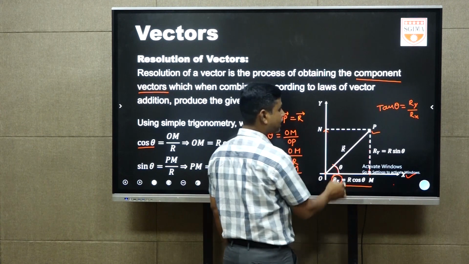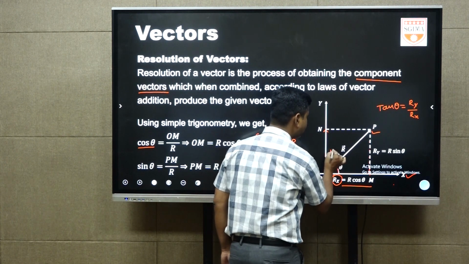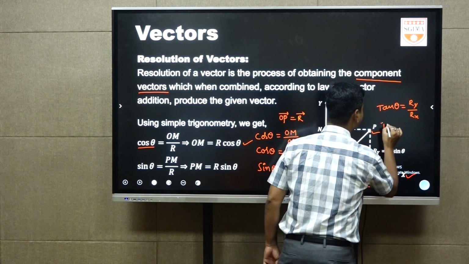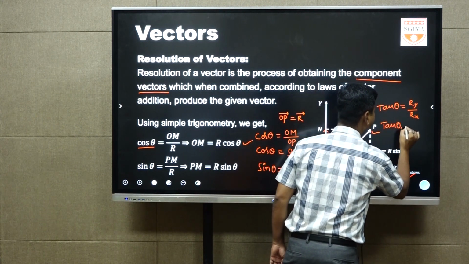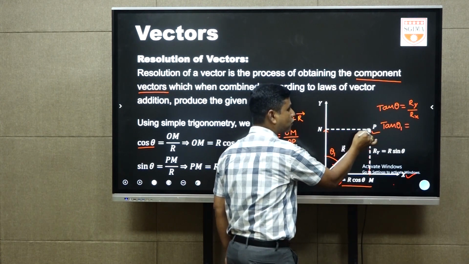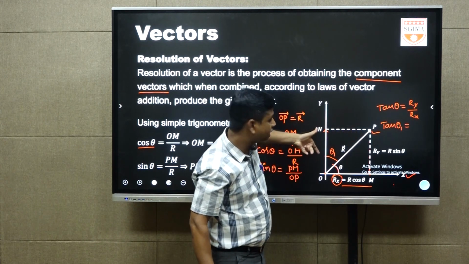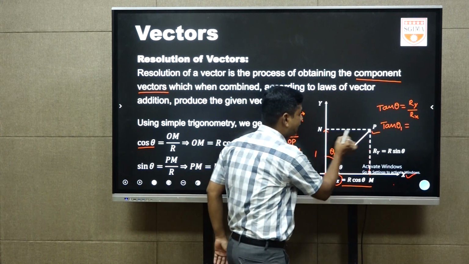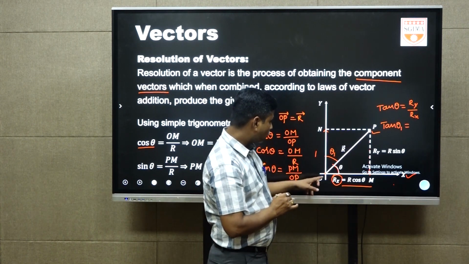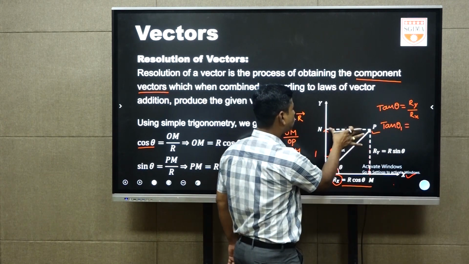This angle is made with the x-axis. For example, making an angle with the y-axis also you can take. Here take that angle as theta 1, for example. So there you write tan theta 1 equal to opposite upon adjacent. Here what is the opposite? NP represents the opposite, and ON represents the adjacent. Here NP and the length OM are both equal. OM equal to Rx, that's why OM equal to NP.